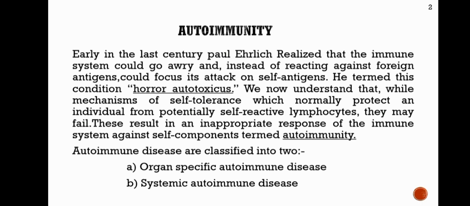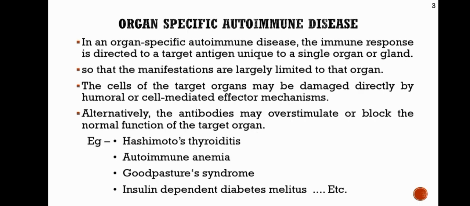Autoimmune diseases are classified into two: organ-specific autoimmune diseases and systemic autoimmune diseases. Organ-specific autoimmune disease. In an organ-specific autoimmune disease, the immune response is directed to a target antigen unique to a single organ or gland, so that the manifestations are largely limited to that organ.